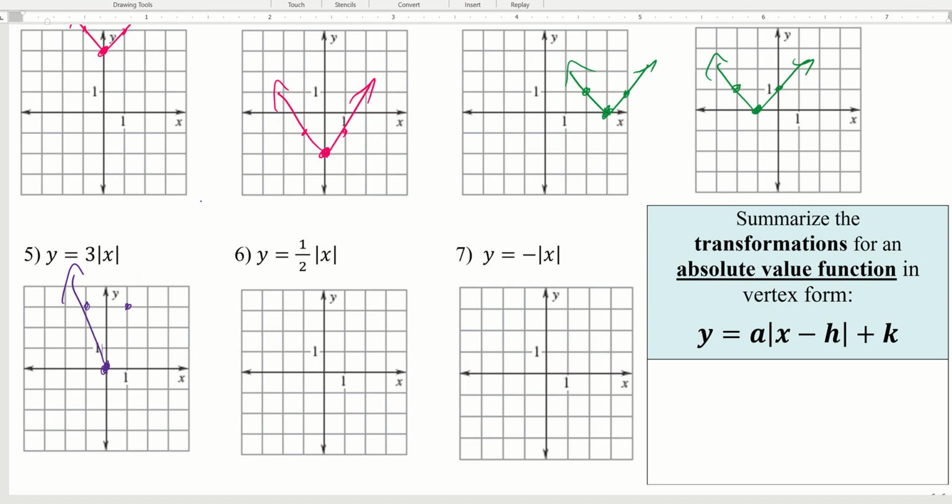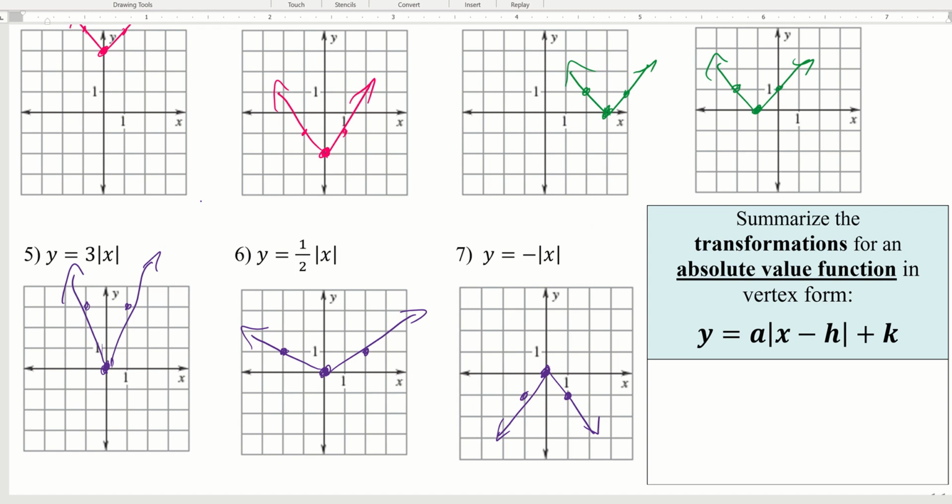Okay, and then our last one here, similar to this, I guess second to last, is we still have 0, 0, but now this guy goes like this. And this guy gets a little bit wider. And our last one, we have a negative here out in front, so that actually goes like this.